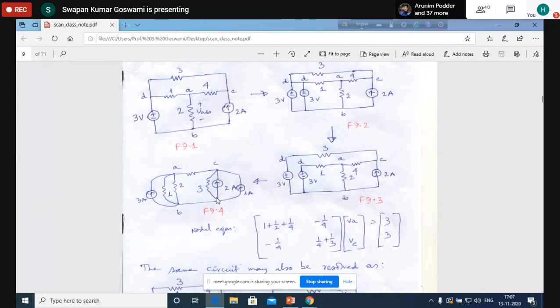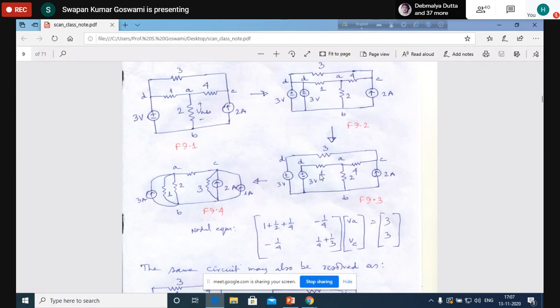Okay. Yes, sir. Now between A and B, there is another voltage source with series impedance between A and B. 3 volts in series with 1 ohm. If we convert it into current source value will be 3 volt divided by 1 means 3 ampere connected between B and A, entering towards A. Okay.